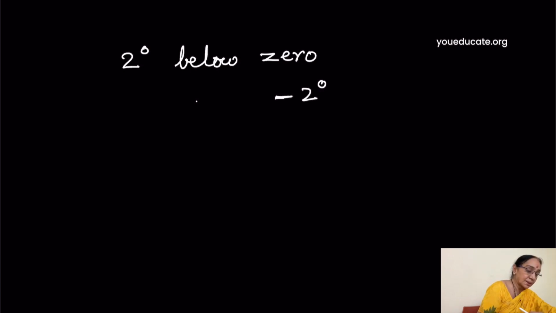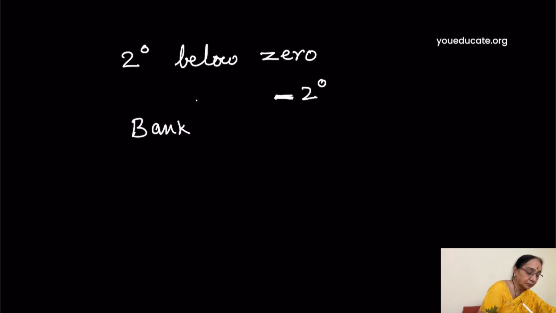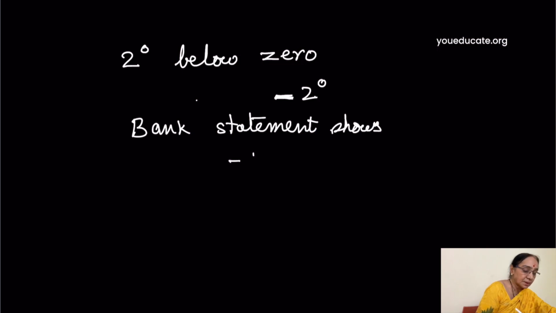Now this is one example, and because of that minus sign, it's a directed number. It shows the direction, it goes below 0. Now suppose a bank statement shows minus $125.